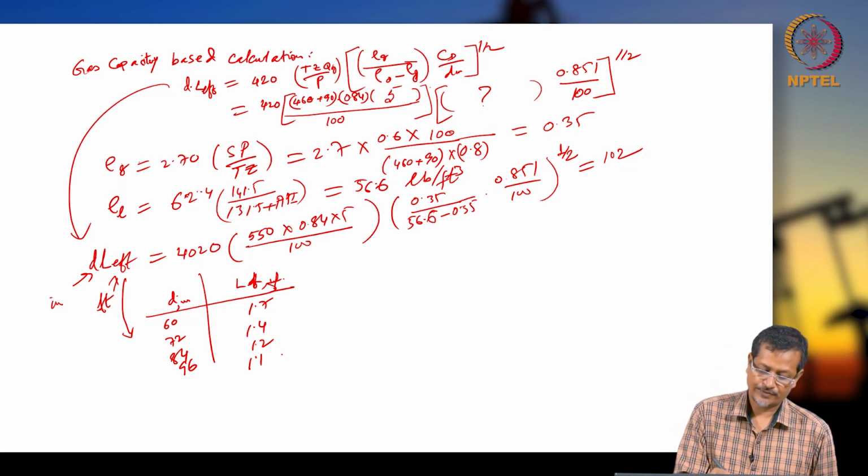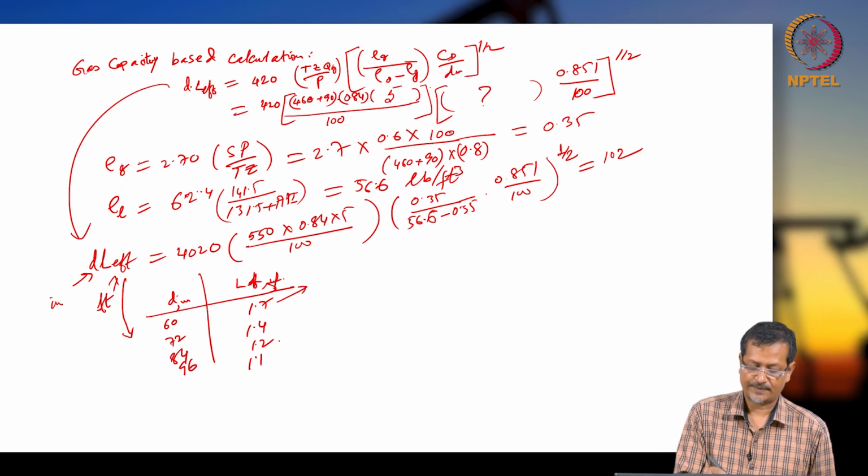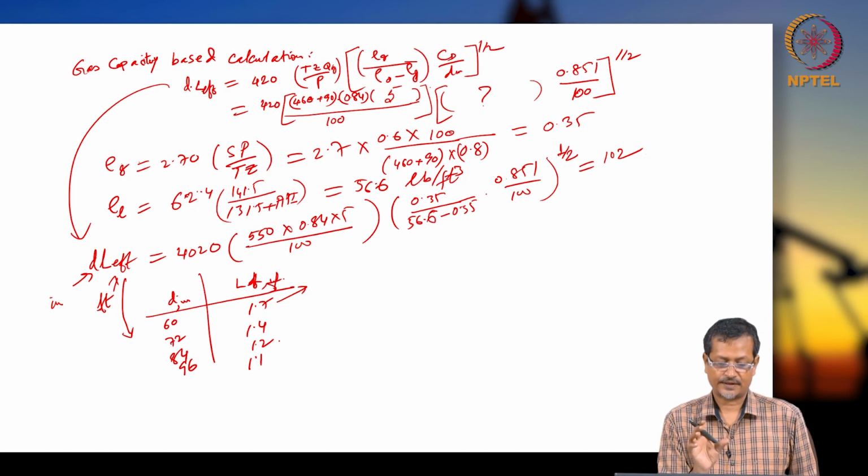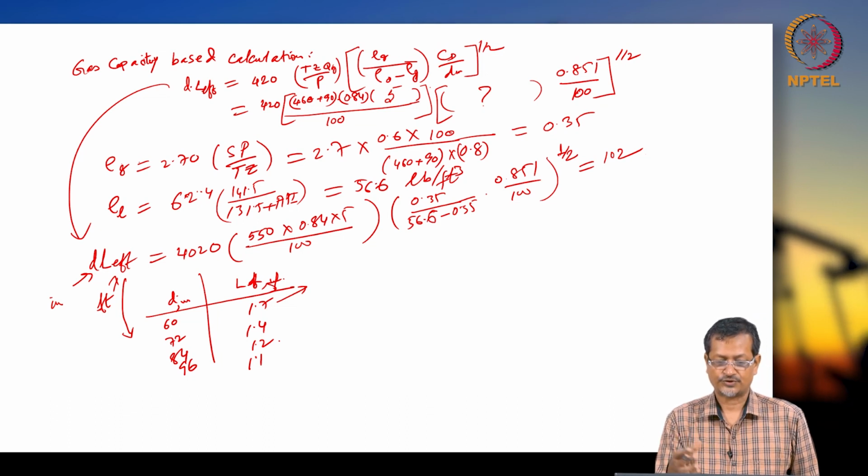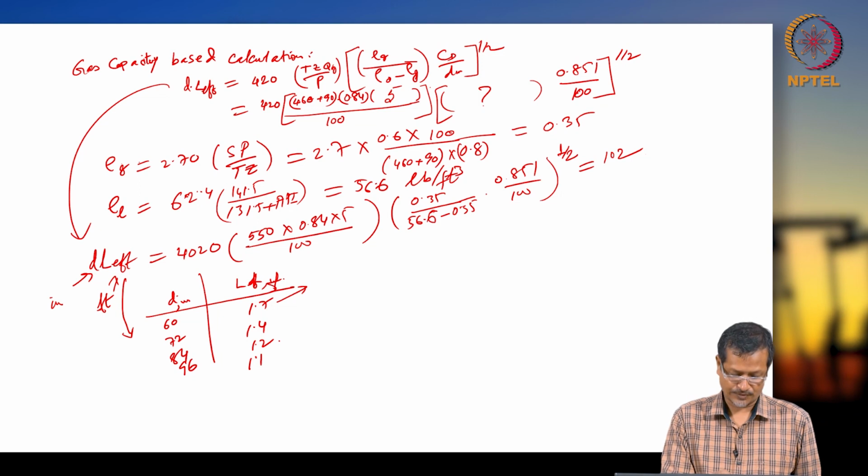We have to use a larger value of effective length. If we use a lower value, then the gas capacity equation will not hold, so in that case we can ignore it.